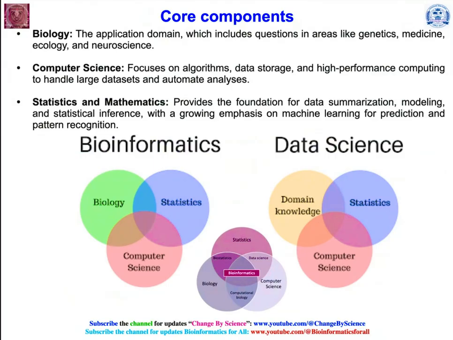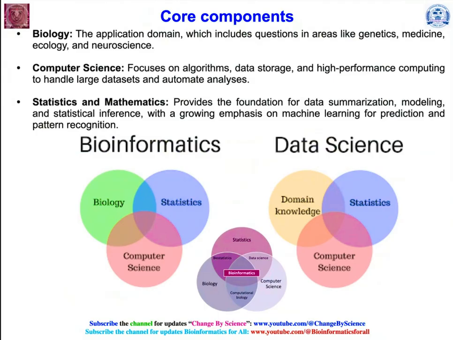And in computer science, you need to understand the algorithms. You need to understand how to store the data and how to perform well for large data sets and how to automate the analysis process.